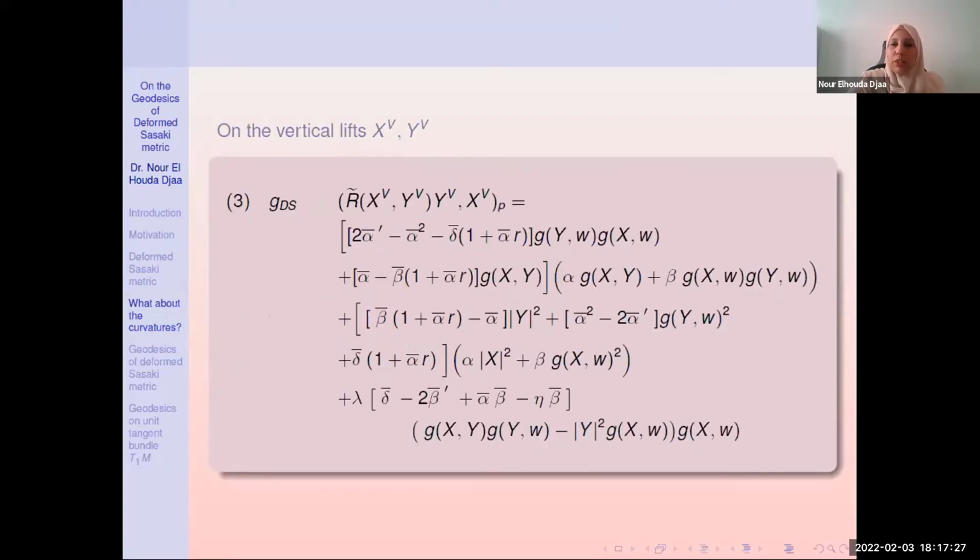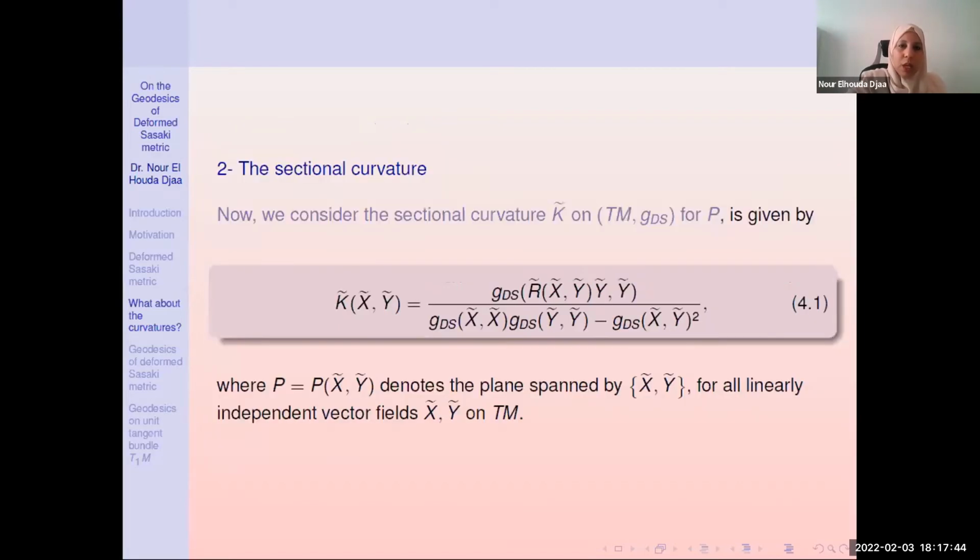But unfortunately, on the vertical lift, X^V, Y^V, we have something else. We have a long term here, and we notice that there is unfortunately no simplification. But I guess this is not a problem.